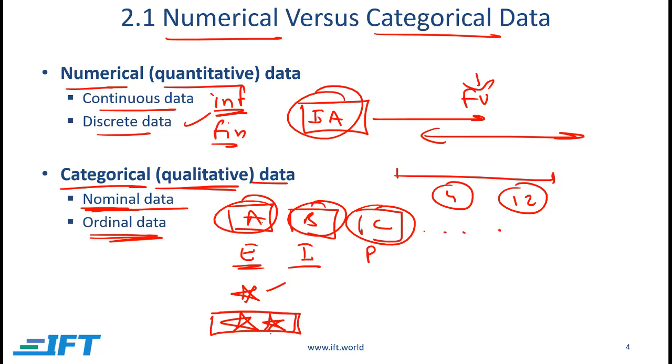In other words, the 2-star category is better than the 1-star category. But with ordinal data, we can't say how much better. So we can't say that the 2-star category is twice as good as the 1-star category. Or if we have a 3-star category, we can't say that the 3-star category is 3 times better than the 1-star category. So with ordinal data, there is an order, but the relative difference between orders is not really meaningful.